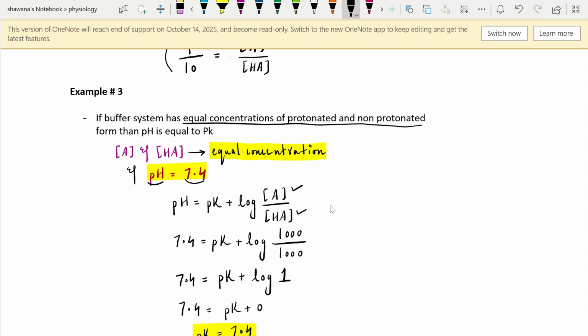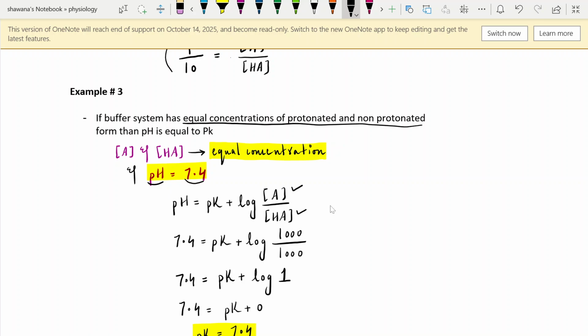The protonated form and the non-protonated form are equal in number, and assuming that we know the pH of this system is 7, pK is also 7. This pH is 6, so pK is also 6, when there are same concentrations of A and HA.